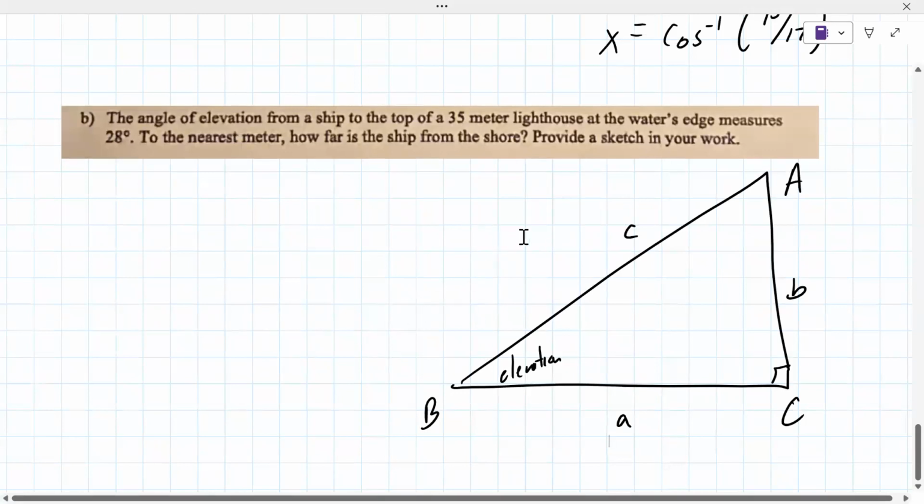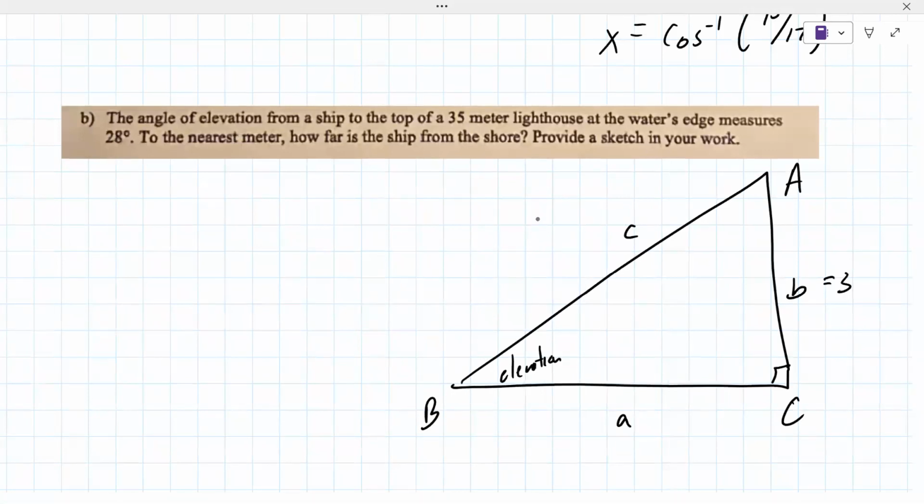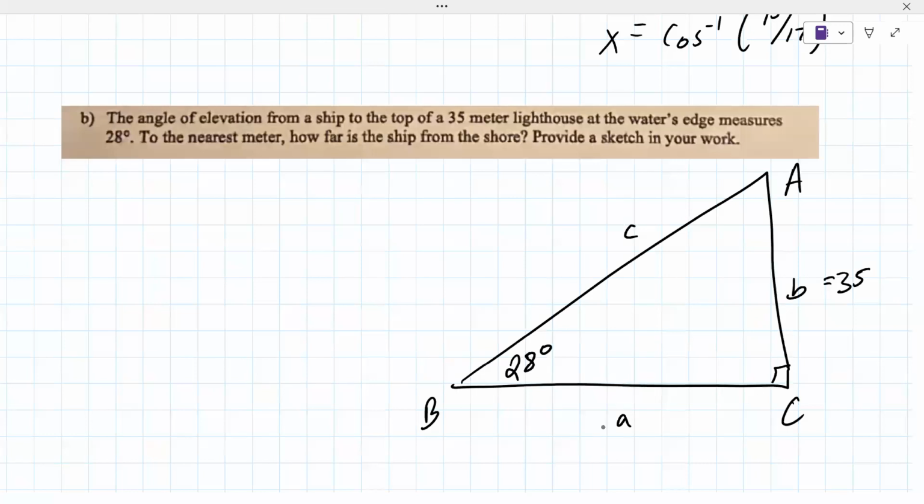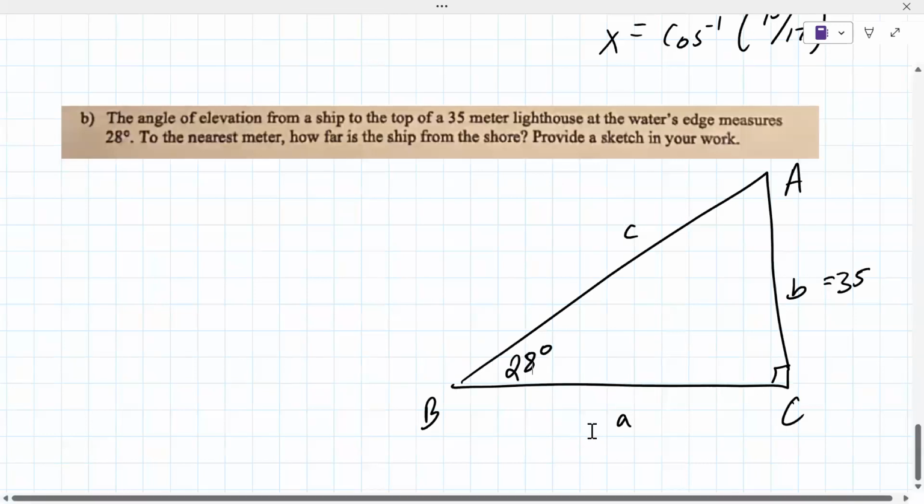So I know that little b is 35, and I know that the elevation's 28 degrees. Okay. And are you trying to find A or C? Trying to find A. Good.